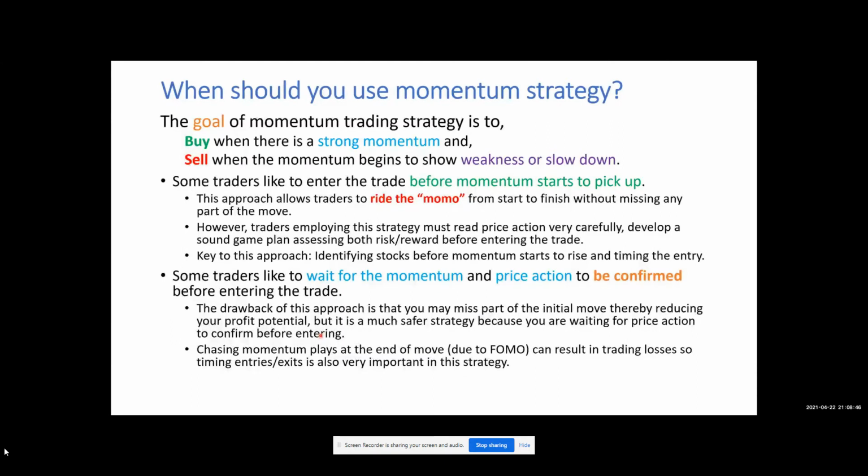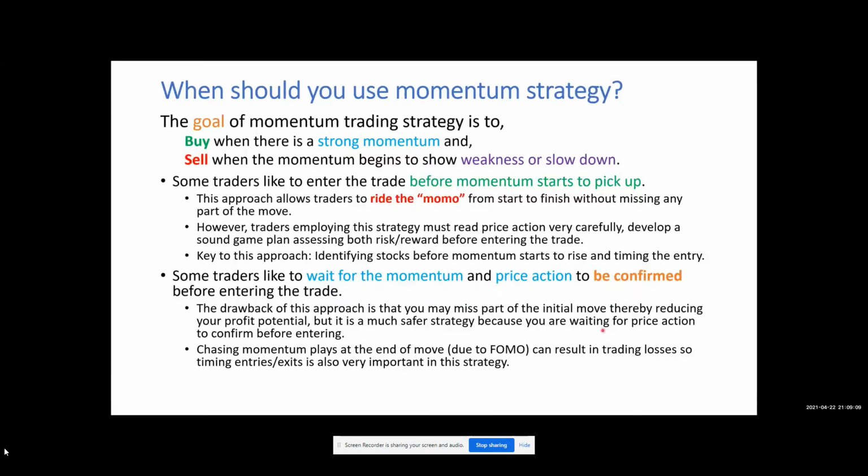Okay. So now that you have that confirmed, all you have to do is wait for the opening candle and enter based on some kind of criteria. So one thing that will end up happening is you will miss the initial move because the stock is already up 3%. So part of that move you have missed, but you are waiting for the momentum to be confirmed.